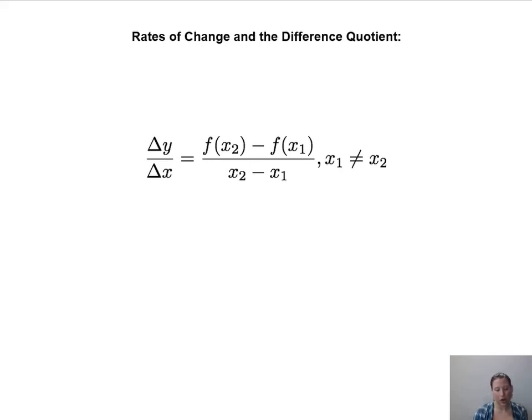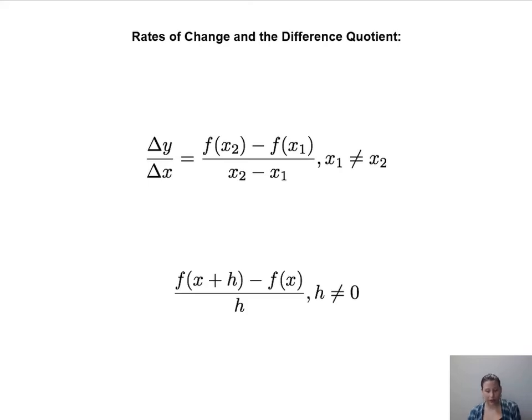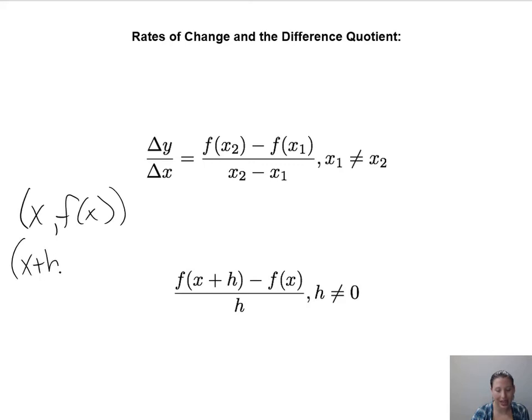Okay, so from that, we have the next thing: the difference quotient. It's similar. If we notice, we just put a specific combination of points into the rate of change formula. Instead of x1 and x2, we had specific points: x and f of x, and then x plus h and f of x plus h.